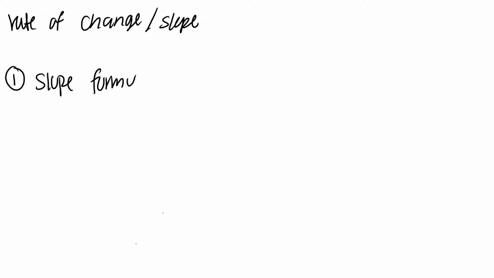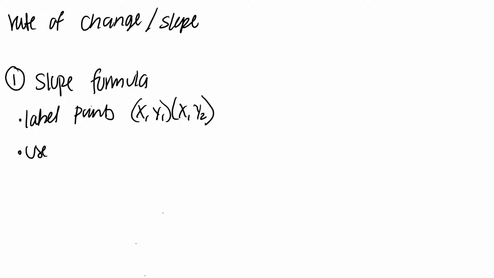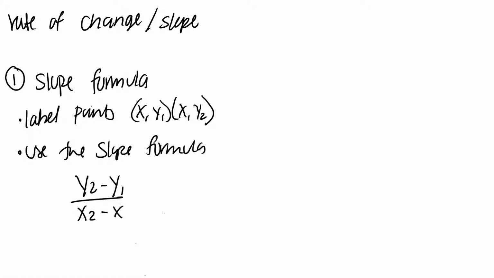To find the rate of change, the slope, there are two methods. The first method is to use the slope formula. That's the problems where we had to label the points x1 and y1, x2 and y2, and then use the slope formula, y2 minus y1 over x2 minus x1.